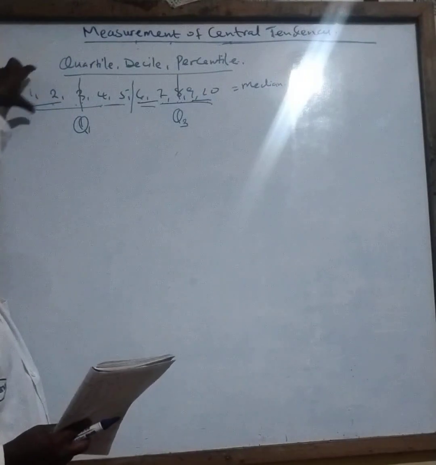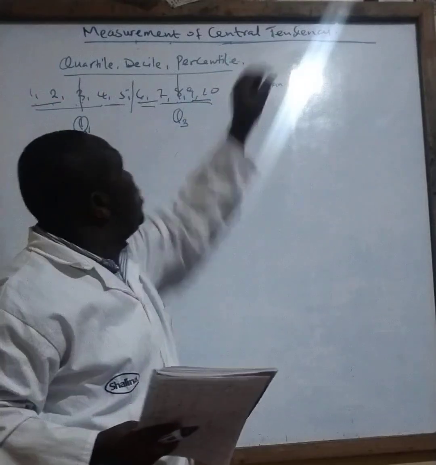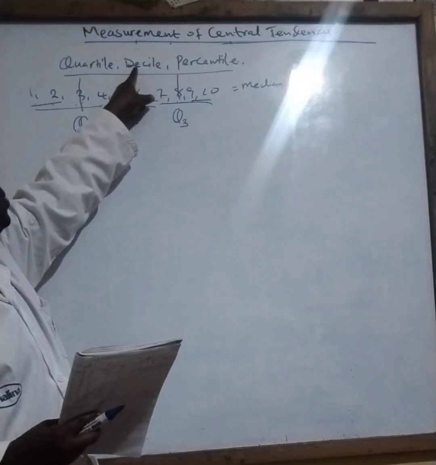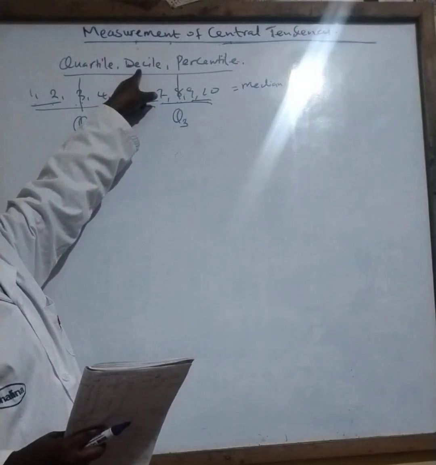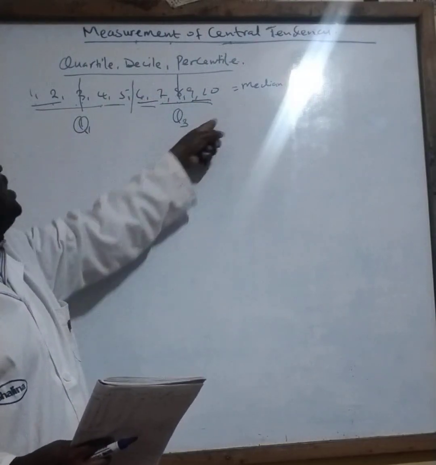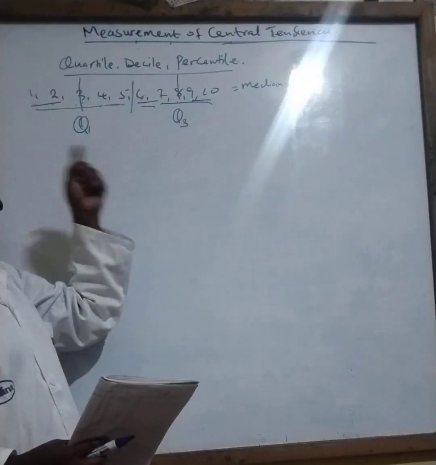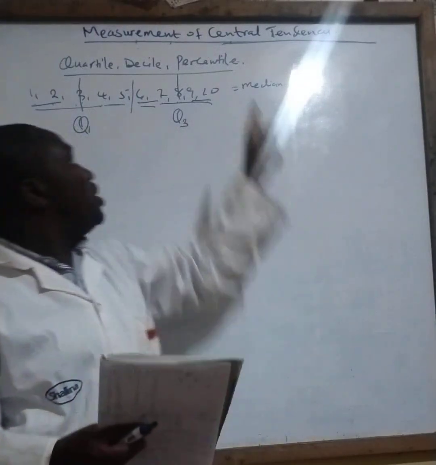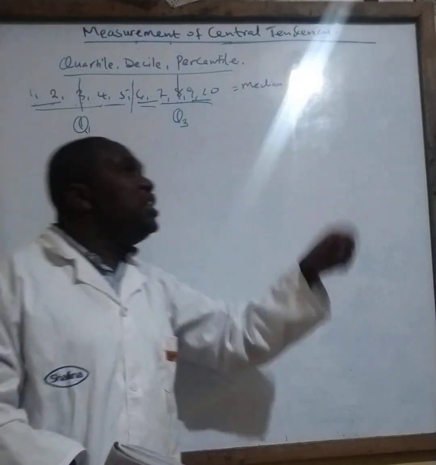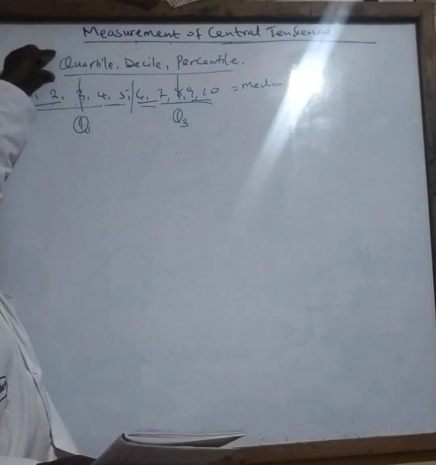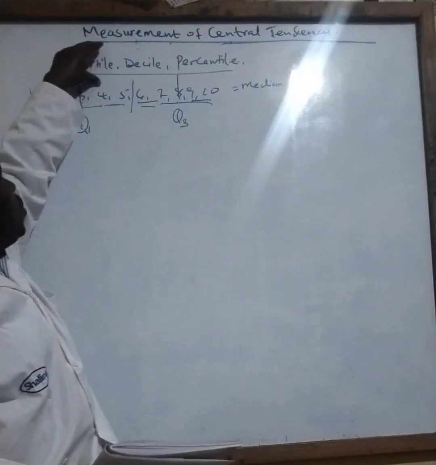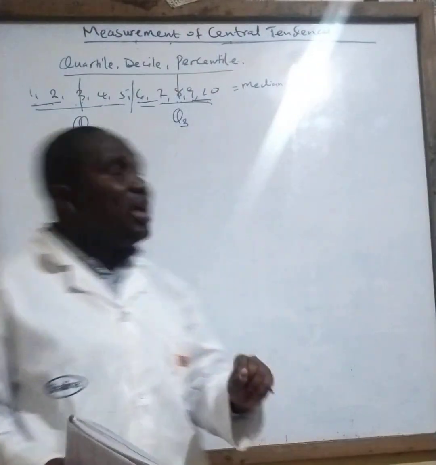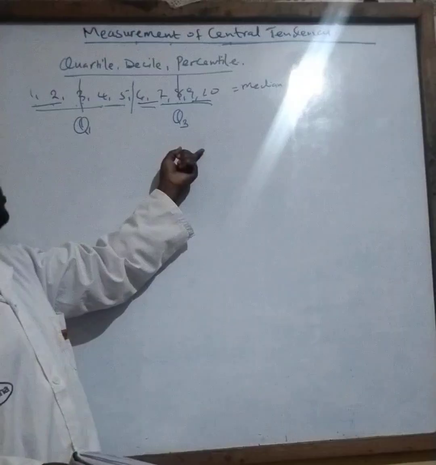If you decide to divide this data into 10 equal parts, we call it what? Decile. If you decide to divide this data into 100 equal parts, it's what they call percentile. So in simple terms, quartile means you have divided the data into 4 equal parts, and I've demonstrated it here.